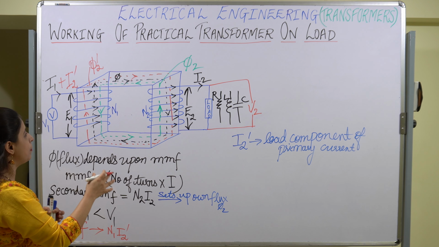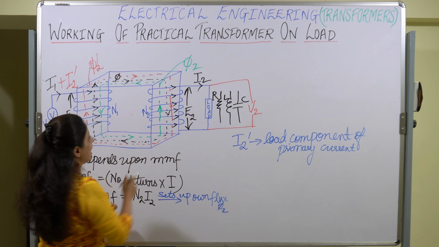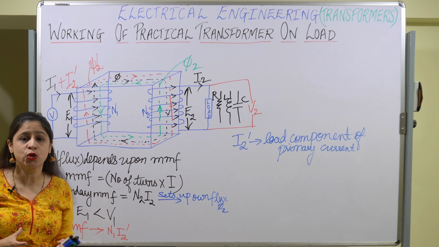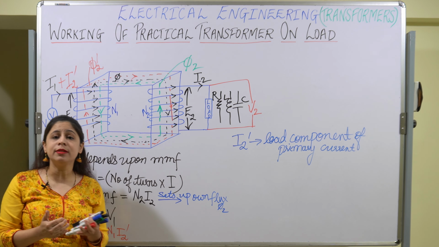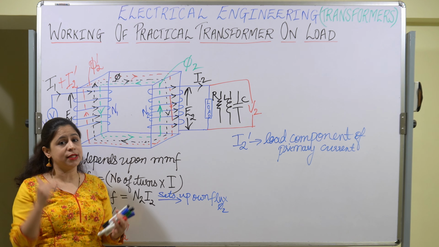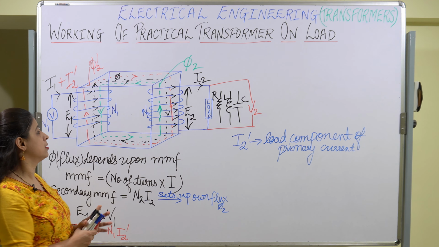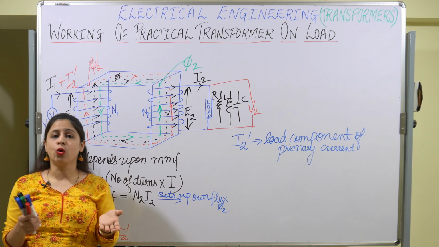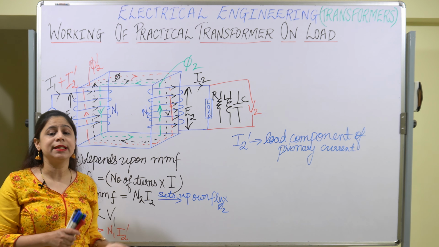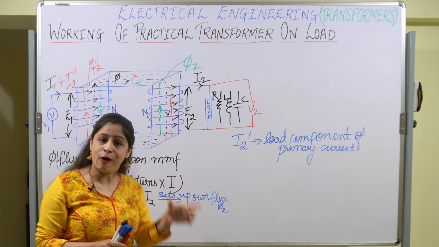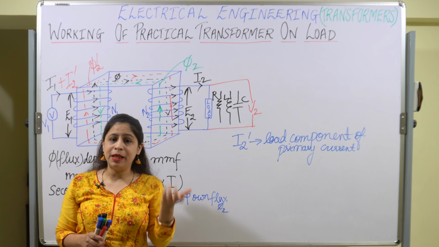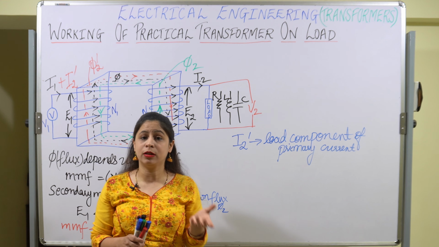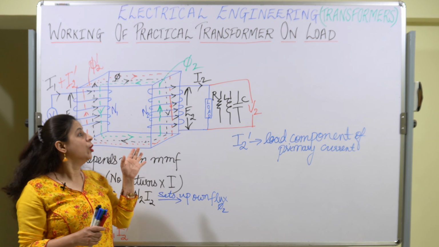It is set up in the opposite direction in such a manner that it nullifies phi 2. And phi 2 was just weakening the main core flux. So it nullifies that flux, and ultimately we are left with the flux phi only, which was there in the ideal case, or when the transformer was on no load.